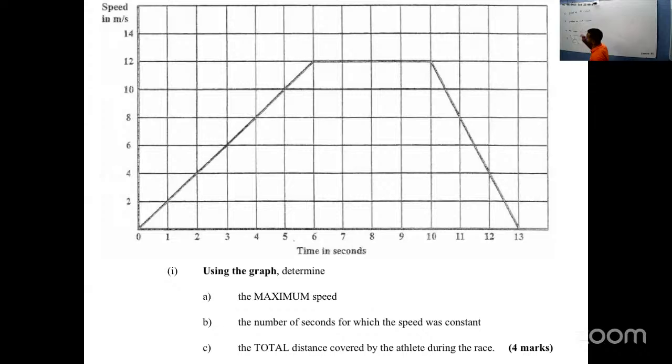Again, it's a speed time graph, so you're working with number 2, number 3, number 5. Everybody try it. Call on some fresh people.